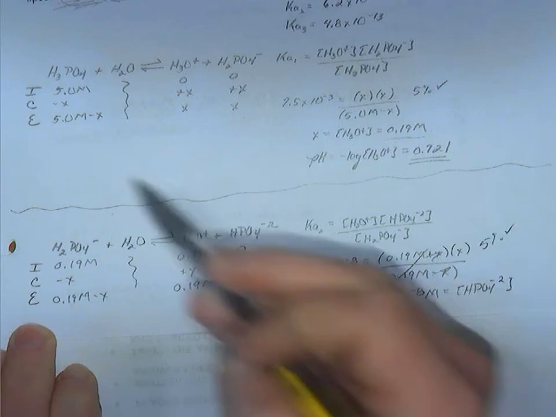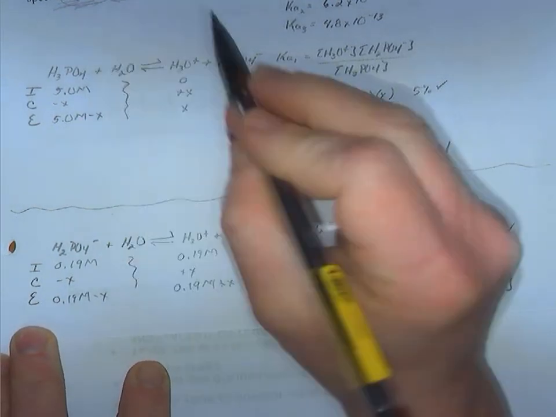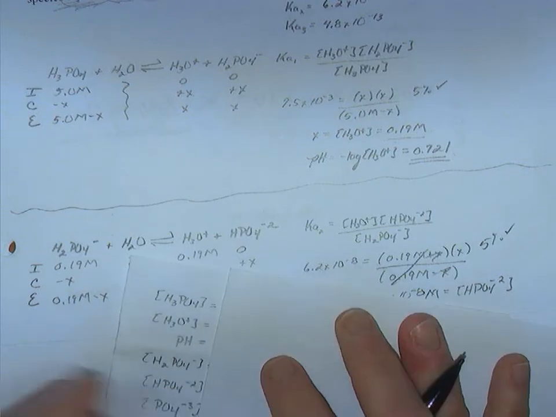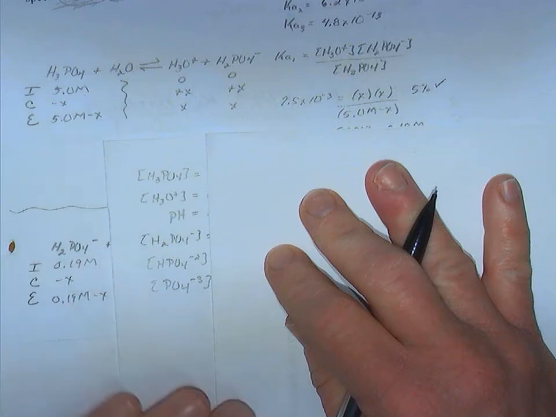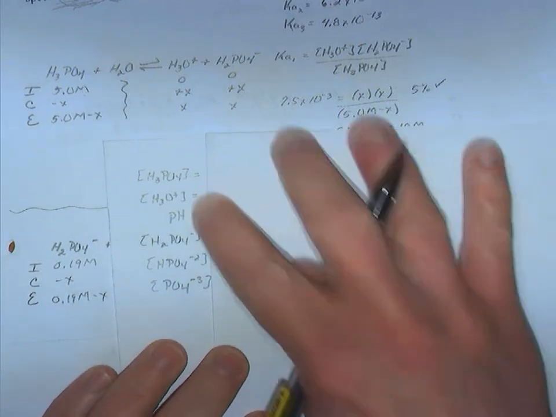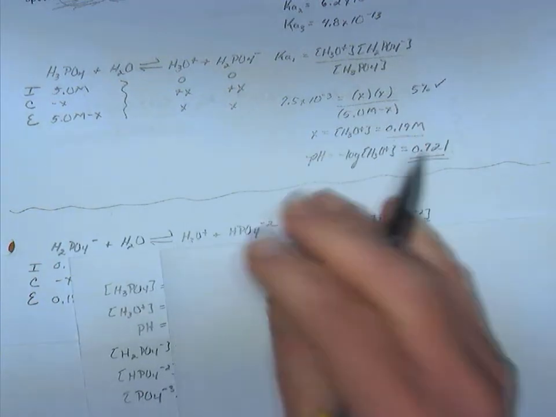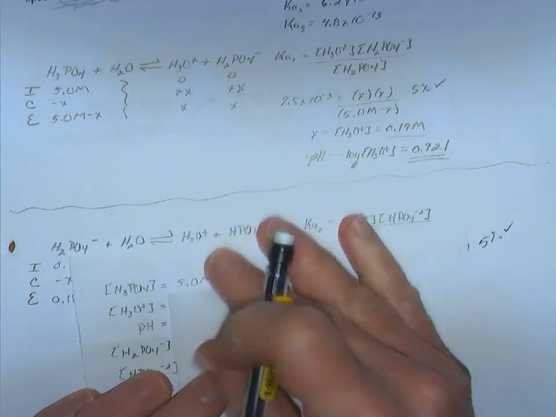So if I'm keeping track of my different concentrations, the problem asked us to find the concentration of the phosphoric, the hydronium, get our pH, and then the consecutive ions formed. This, we would make 5 minus the 0.2, so this should be 4.8, huh?